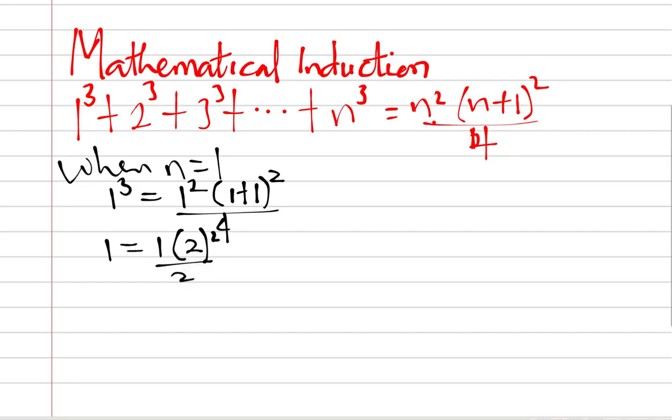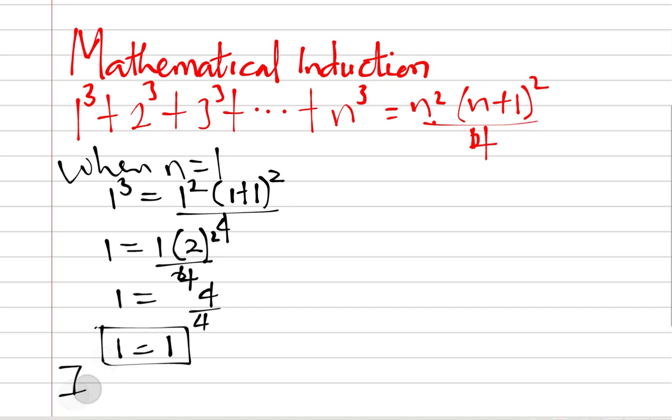Are you seeing that now? You just have to be doing it step by step. So this will give us 1 equal to 2 raised to power 2 is 4, over 4. So 2 raised to power 2 is 4 over 4, and that means we are going to have 1 equal to 1. You can see that it is correct here now.